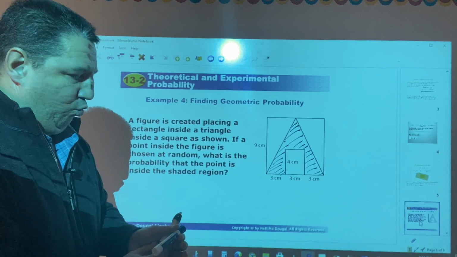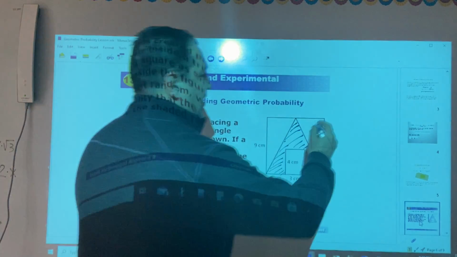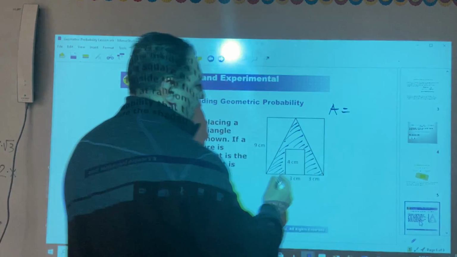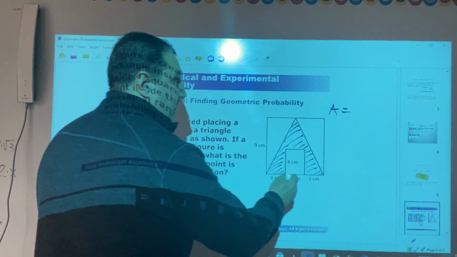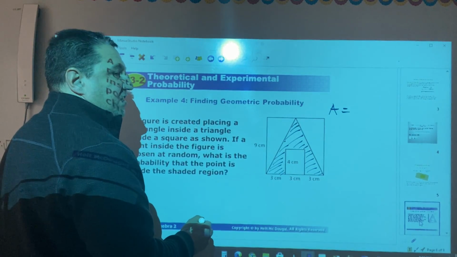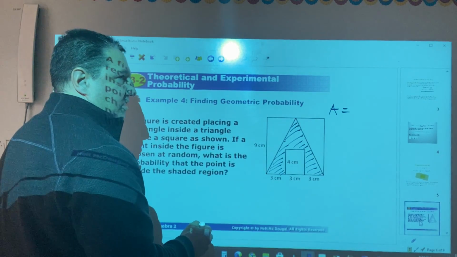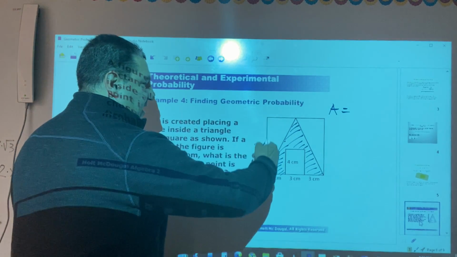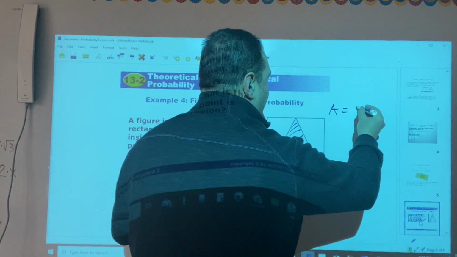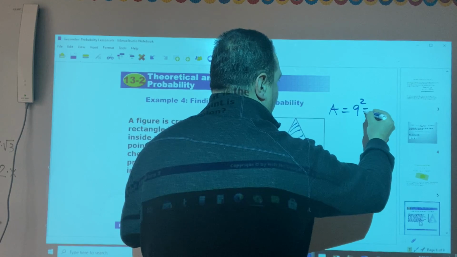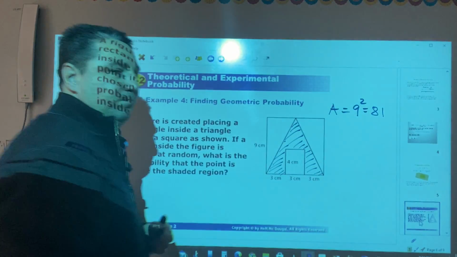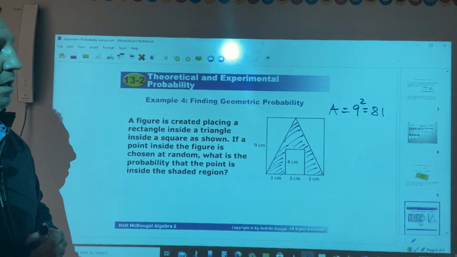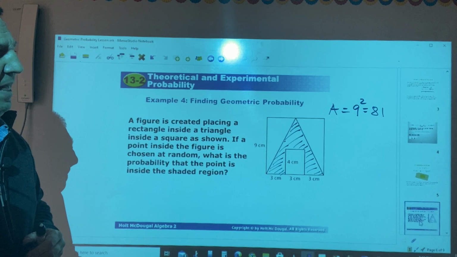The area of the square, remember, is the square of its side. Its side is 9. So the area of the square would be 9 squared, which is 81. Good.